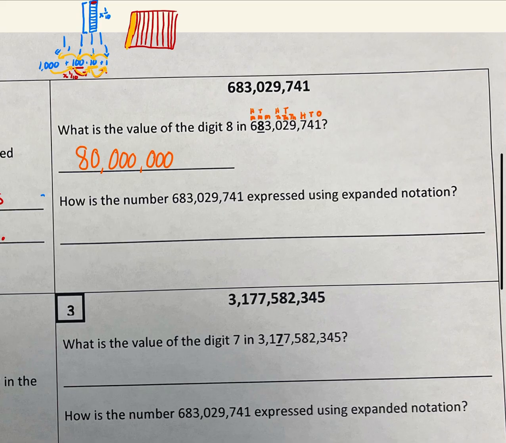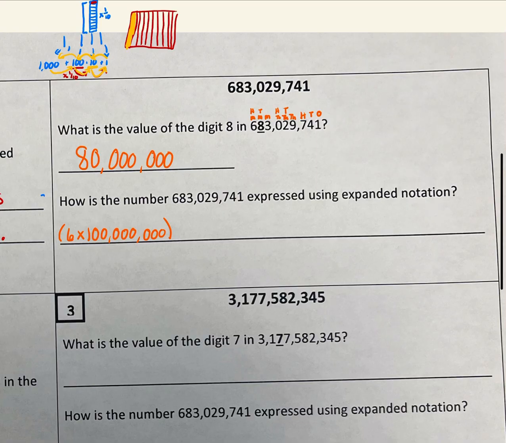Okay, so let's start with our 6 in our 100 million spot. So starting out, I said that it was a 6, and I know it's in my 100 million spot. So to get that digit in that spot, I would have to do 6 times 100 million.